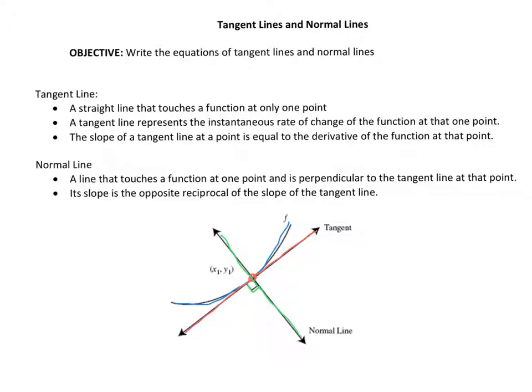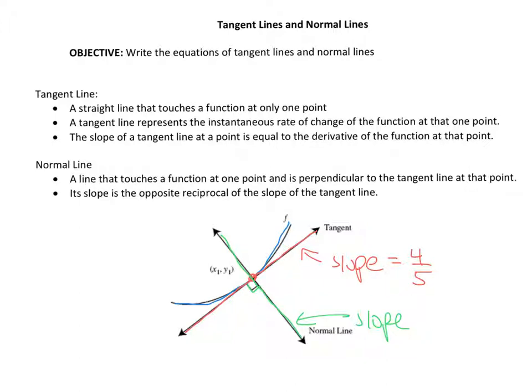Now, since it's perpendicular to the tangent line, its slope is the opposite reciprocal of the tangent line's slope. So let's say our tangent line has a slope equal to, I don't know, 4/5. Then the slope of the normal line would be perpendicular to that.